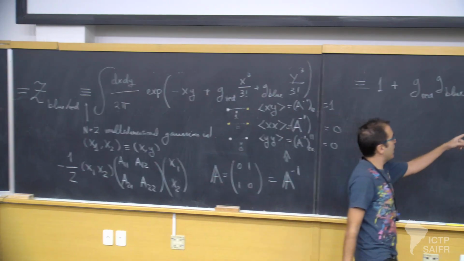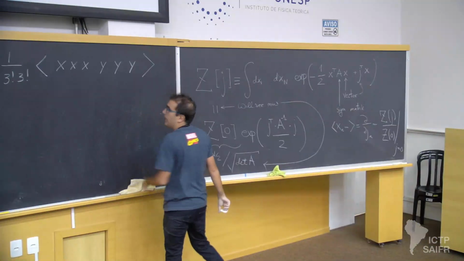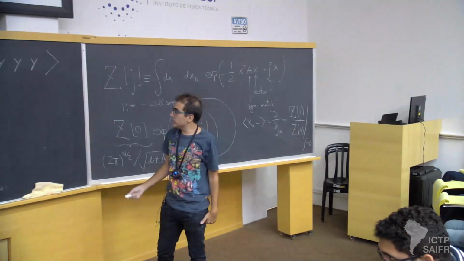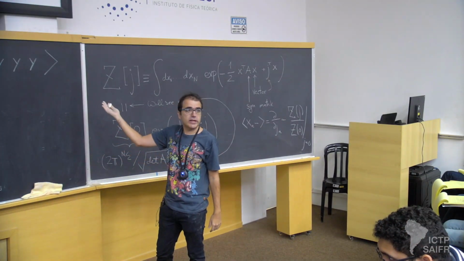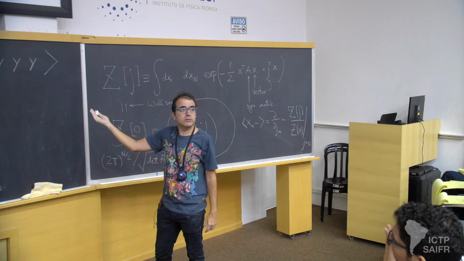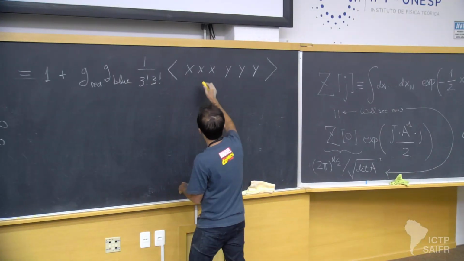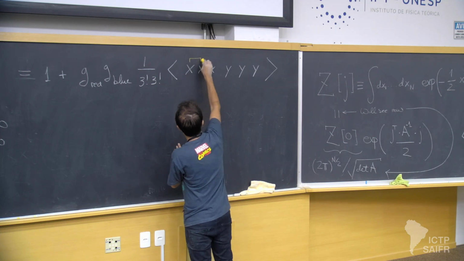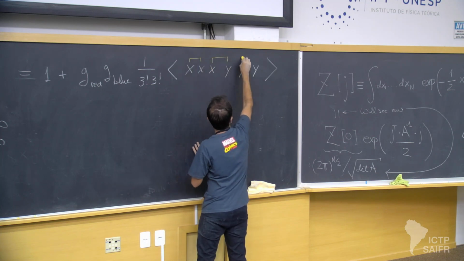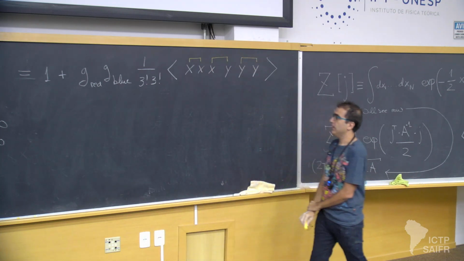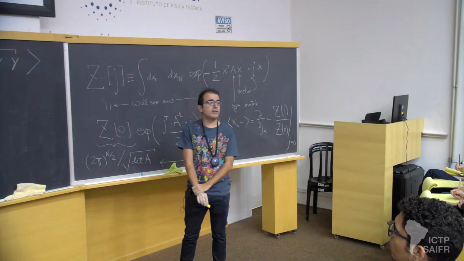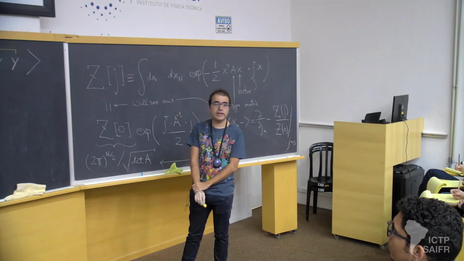So let's see. So I have this. And what are the rules of the game? The rules of the game is now draw weak contractions, all possible weak contractions. So let's write one weak contraction. Let's use this notation for the weak contractions as before. One is this pair, and this pair. But what does this weak contraction give? 0, because x with x is 0.